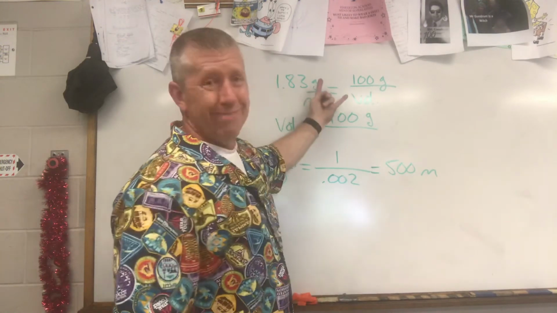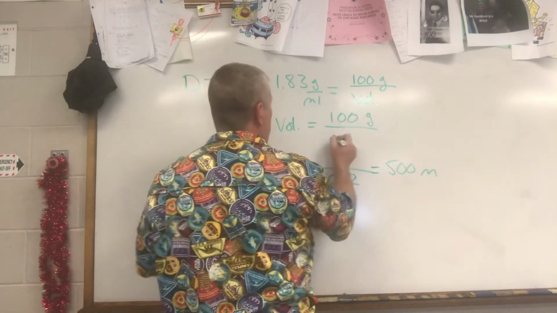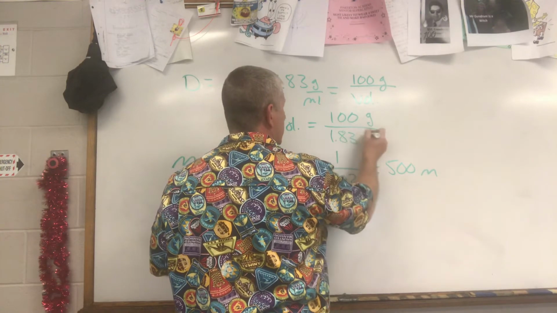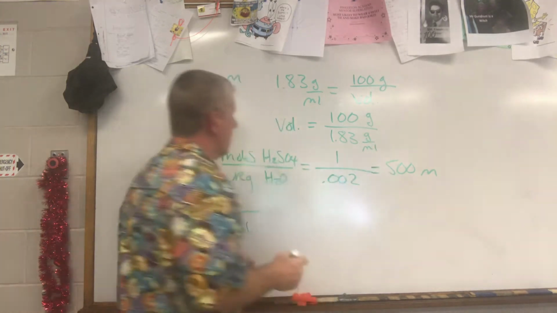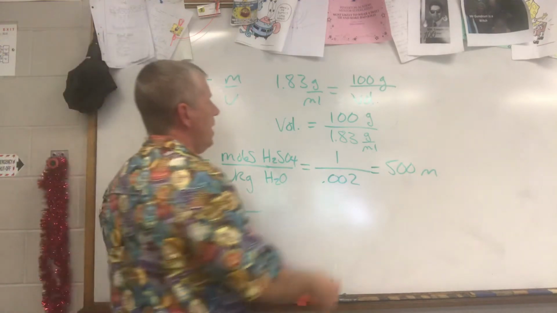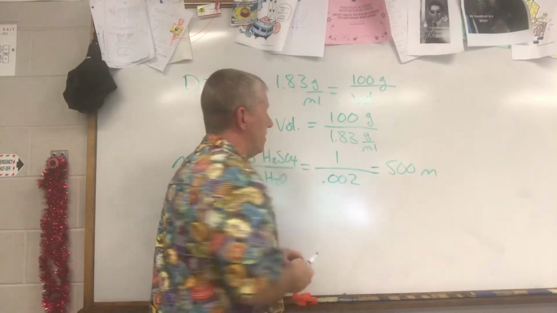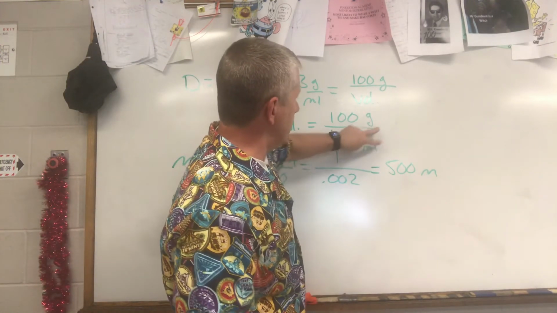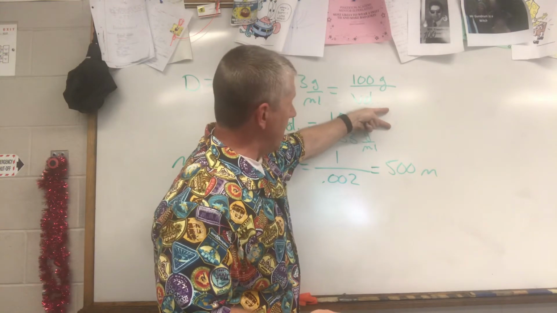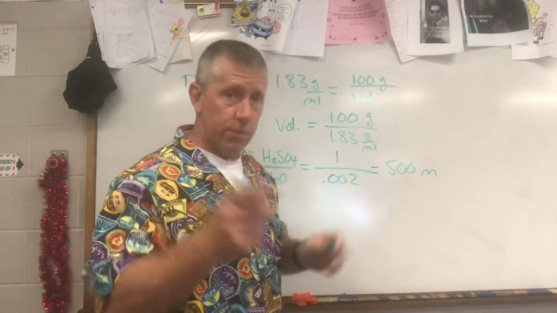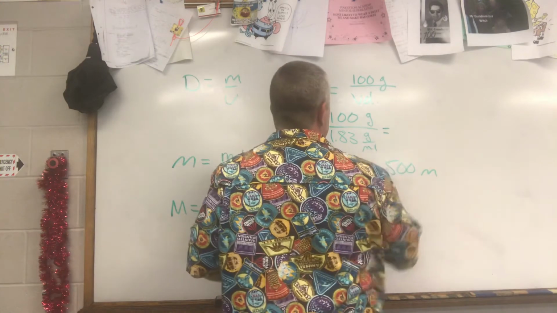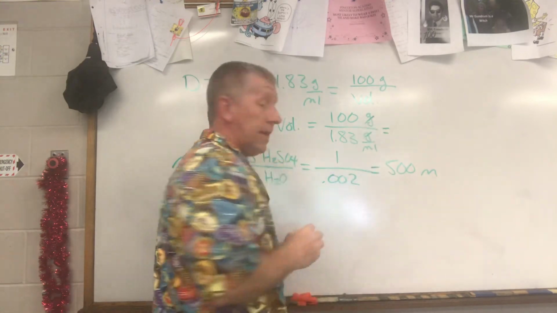It's the same thing as multiplying by the reciprocal. So 100 divided by 1.83, the grams will cancel, and I'll get the volume in milliliters.